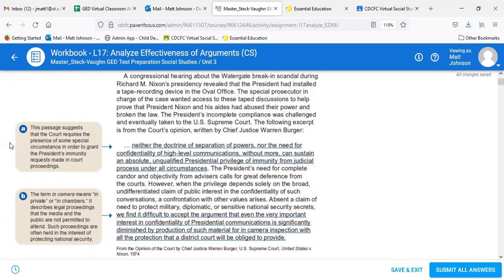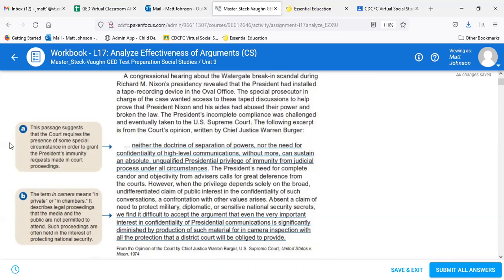So it states, neither the doctrine of separation of powers nor the need for confidentiality of high-level communications without more can sustain an absolute unqualified presidential privilege of immunity from judicial process under all circumstances. The president's need for complete candor and objectivity from advisors calls for great deference from the courts.